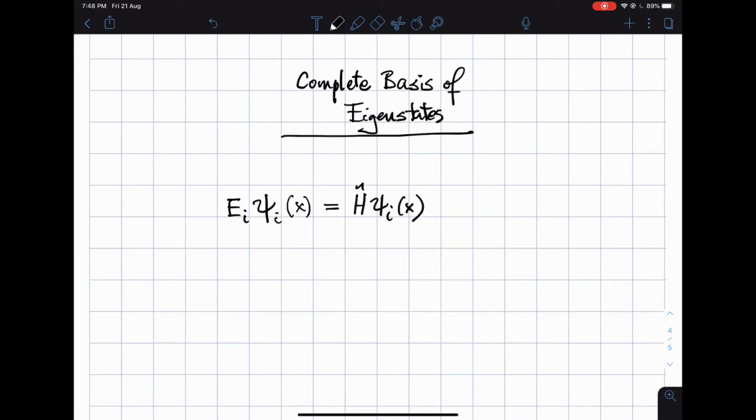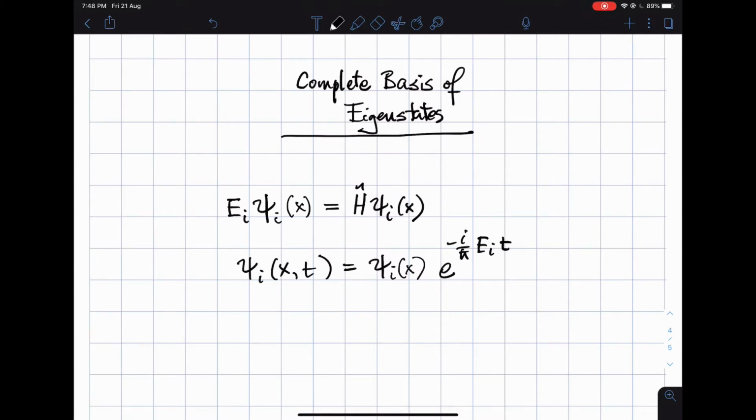And then, if you could solve the time-independent Schrodinger equation, then the time-dependent solution with energy E_i would just be given by the time-independent solution times an exponential factor of this form.